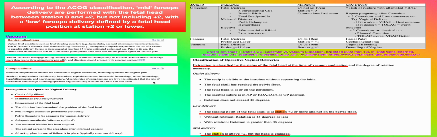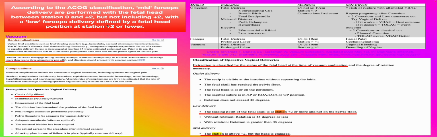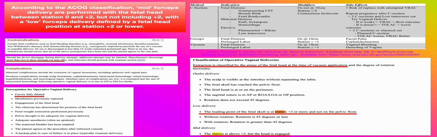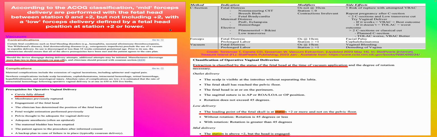And then the low forceps, which has a correlation here for the vacuum, is defined by fetal head position at a station of +2 or lower. So 0, basically right up to +2, is mid, and then +2 or lower, including +2, is the low forceps delivery.